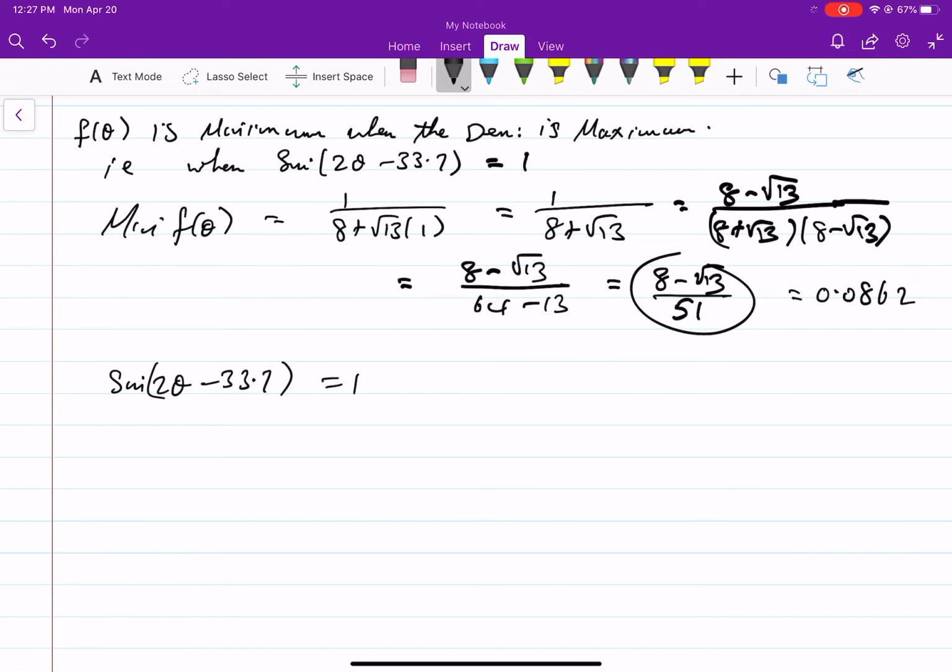Now, sometimes it's not very obvious what the smallest positive value is. So my suggestion is run the general solution technique on this and find the smallest possible value.